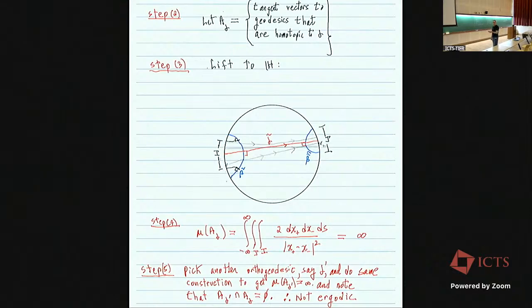I'm looking at all the tangent vectors along here. And obviously that's infinity, because all you need to know is that the double integral with respect to x plus and x minus is positive, and then the integral on the outside is infinite. So the measure of A delta is infinite.